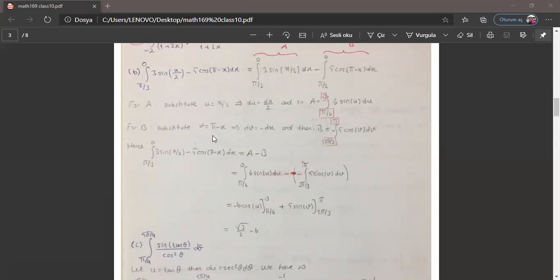And for b, we substitute this pi minus x and get here minus 5 cosine v dv. Okay? This minus comes from this equality. And the boundaries, similarly, if we plug, here we have pi over 2 for x.